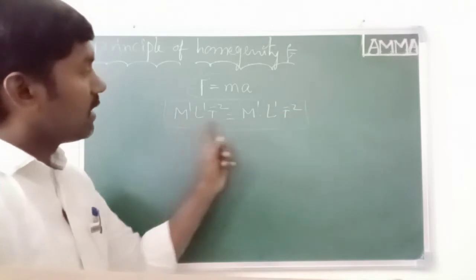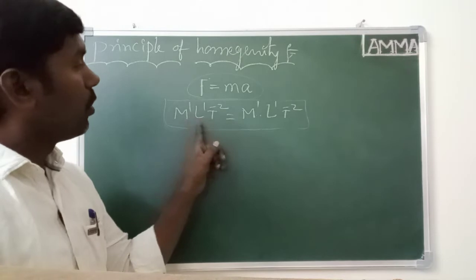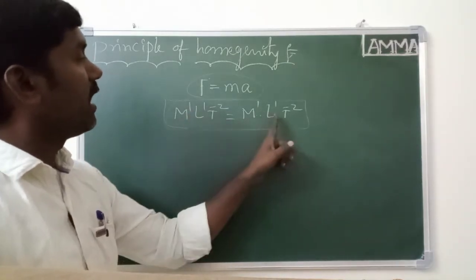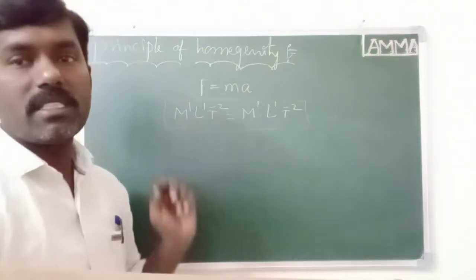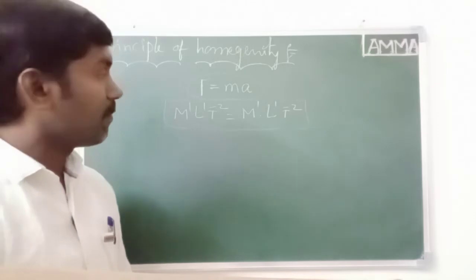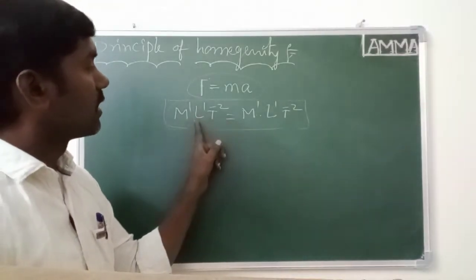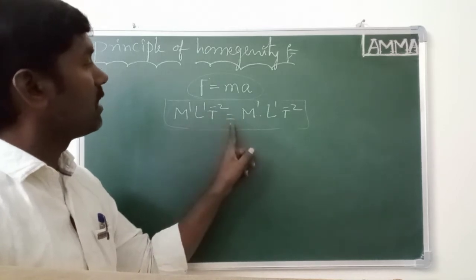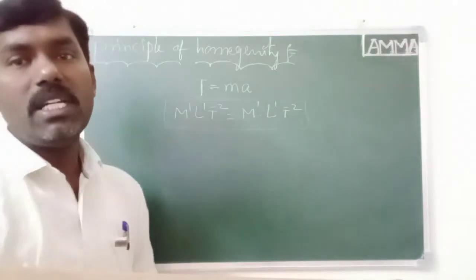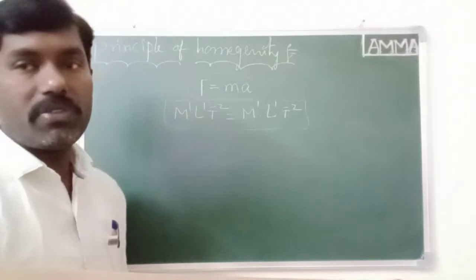Means the terms on both sides in the dimensional equation have the same dimensions, and that we call the principle of homogeneity. Students, once again, the terms on both sides in the dimensional equation should have the same dimensions, and then we call this the principle of homogeneity.